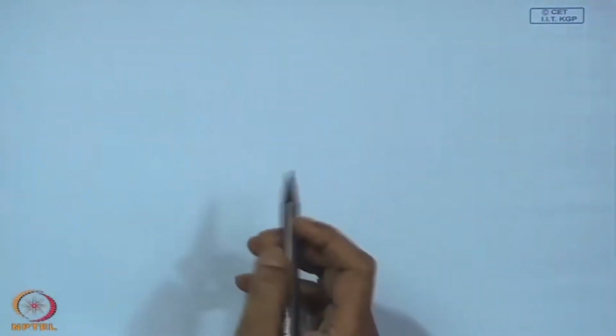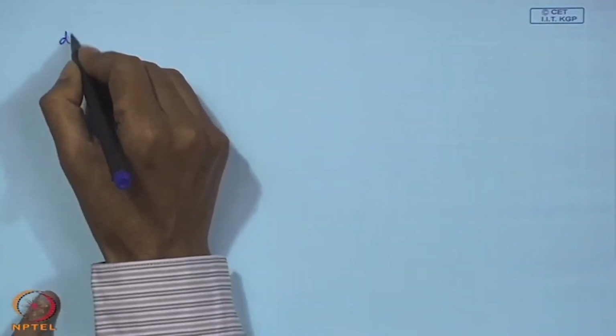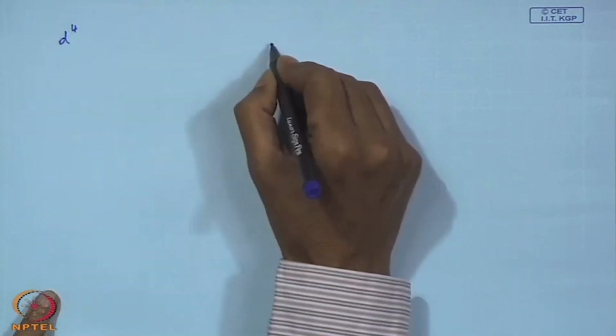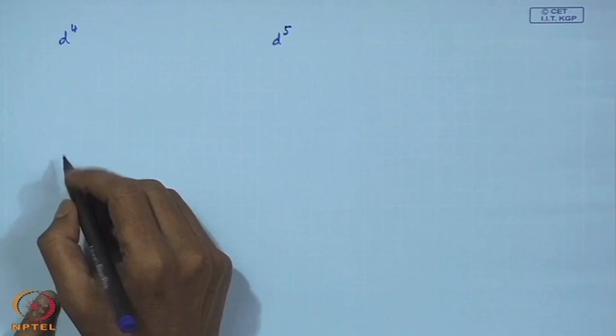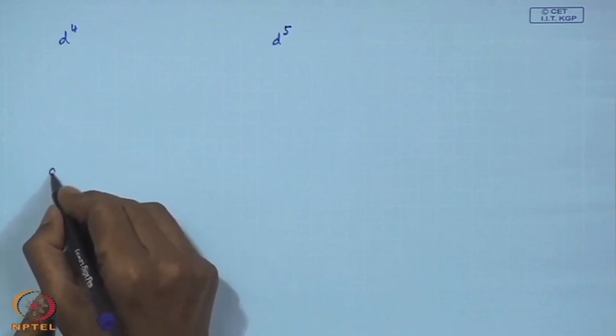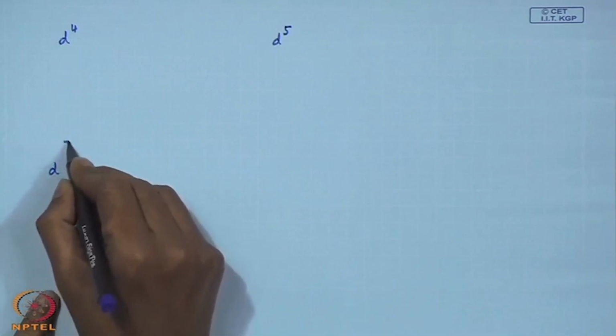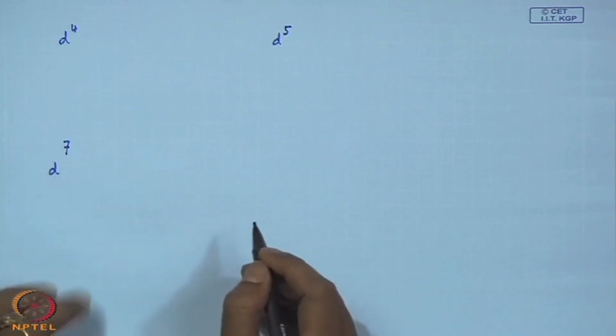So we get the situations for d4, d5, d6, which we have already seen, and d7.